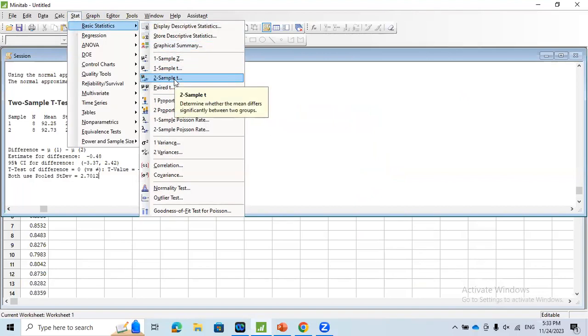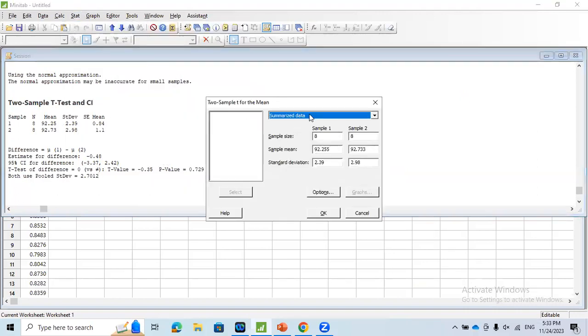For two sample, okay. Summarize data for this case is 10, 10, 10, 10, 13.5, 27.5, 7.62, 15.3.